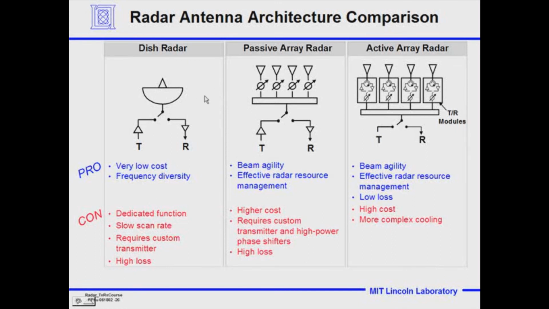And let's just think of a linear dipole for the second here. Here we've just got 4 elements and 4 phase shifters. But the point being that we could change the phase in those phase shifters, ferrite phase shifters, in microseconds. And in changing that phase, that changes where the beam is pointing.